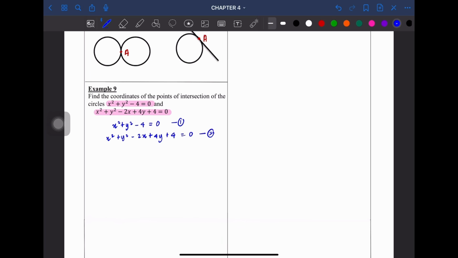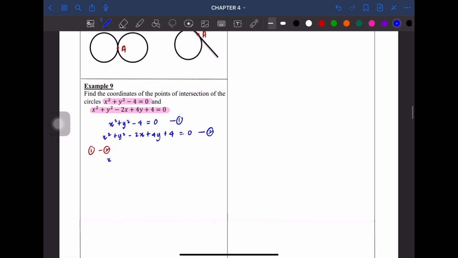Okay, so now we can subtract equation 2 from equation 1, because we can cancel out the x squared and the y squared terms. So 1 minus 2. We have x squared plus y squared minus 4, so 0x, 0y and minus 4.